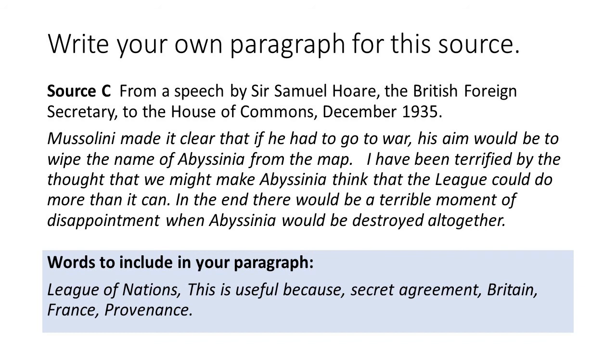Words such as League of Nations, this is useful because, secret agreement, Britain, France, provenance. Now you're going to need some knowledge about the Abyssinian Crisis, so if required, press pause, go and do a little bit of revision, then come back and answer that question. Once you've done that, carry on with the video.